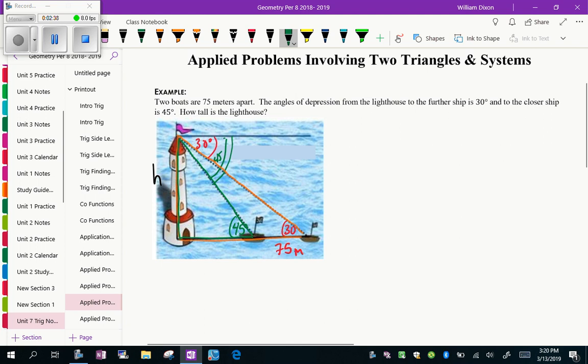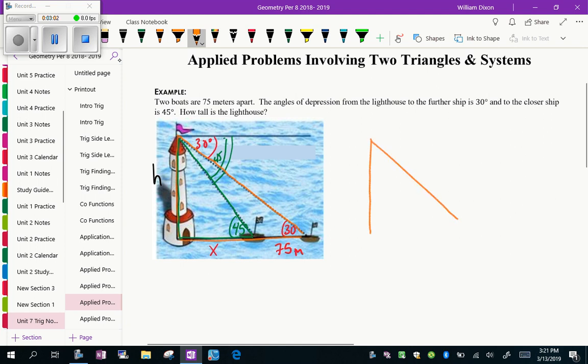I know that the distance from the lighthouse to the closest ship has to be x. So the distance from the lighthouse to the furthest ship needs to be x plus 75. Now that should make sense to you. So let's separate these triangles, because that's a strategy that I told you to use.